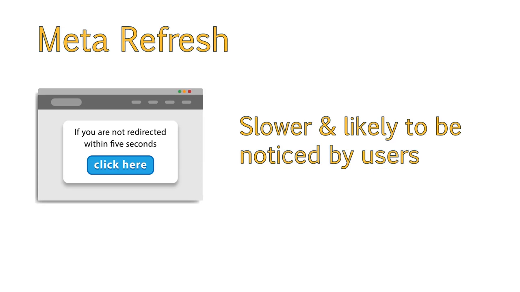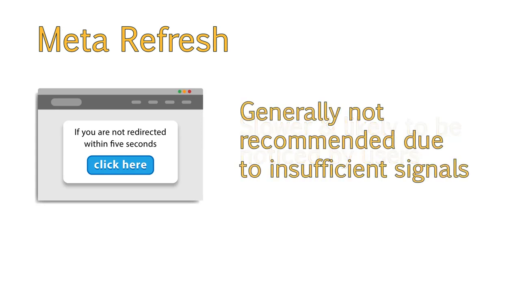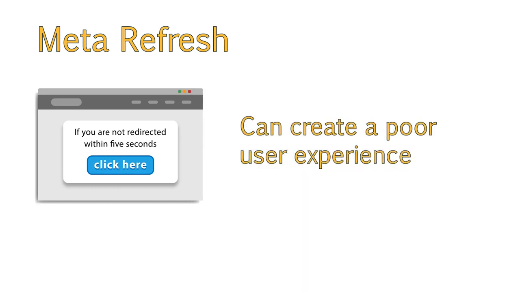When this occurs, you will often see a message like, "If you are not redirected within 5 seconds, click here." Meta refreshes are not generally recommended because they do not provide clear signals to search engines about what happened to the previous page. Additionally, these types of redirects can create a poor user experience.